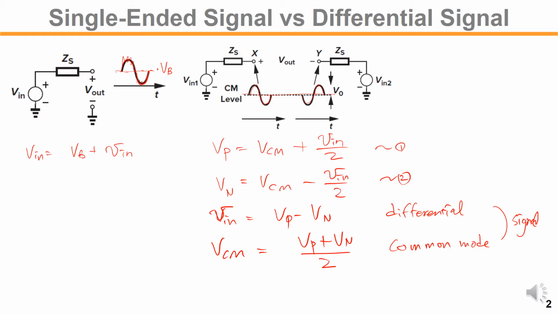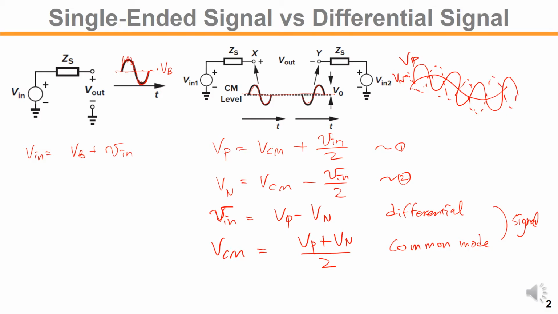The benefit of this kind of signaling is that if there's any common mode noise, let's say the common mode is fluctuating like this, and then the signal moves around there. So this is Vp and Vn for the dotted signal.